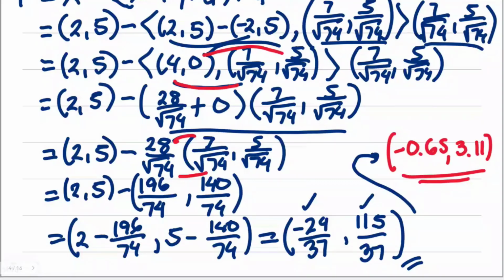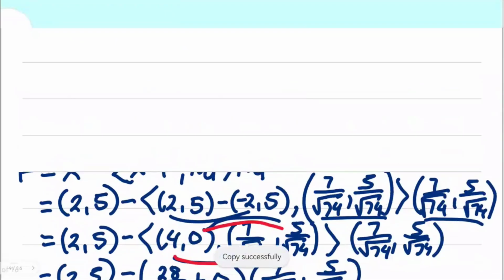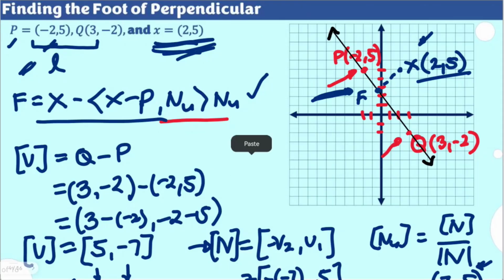So we are going to copy that here and see if our graph is actually accurate. Let's see if it's at negative 0.65. As you can see, it's here, so it's less than 1. So probably it's correct. As for our y, at this point, probably my point is incorrect because it should be somewhere here.